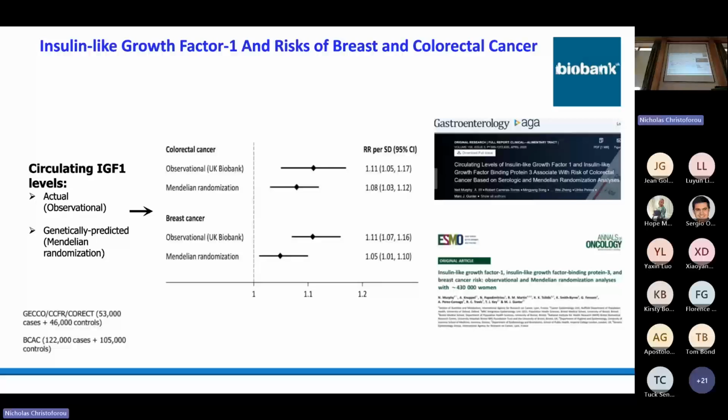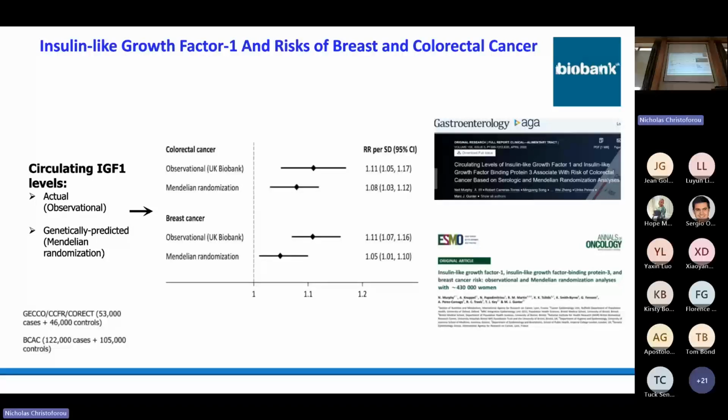As the studies got bigger, and more and more studies measured IGF-1 in relation to incident colorectal cancer, we started to see relative risks which weren't significant or were much weaker. And I think there was some confusion in the field. That was all against a background of very strong experimental data showing that if you expose colorectal cells to high levels of IGF-1, they proliferate, they go crazy, and they can become cancerous.